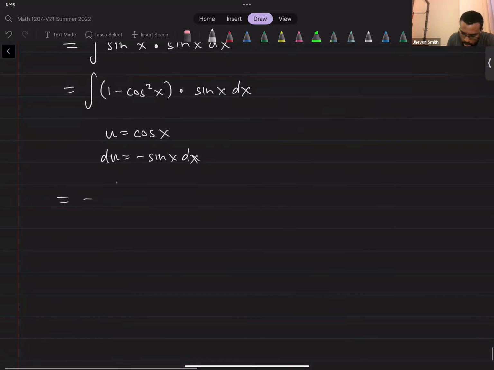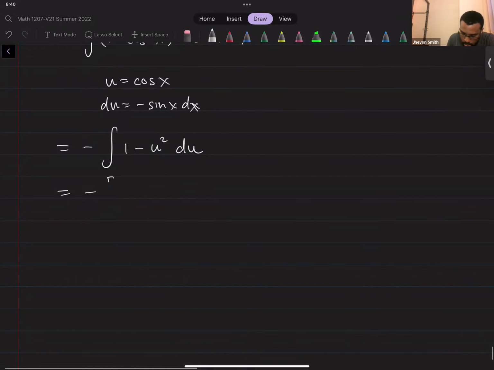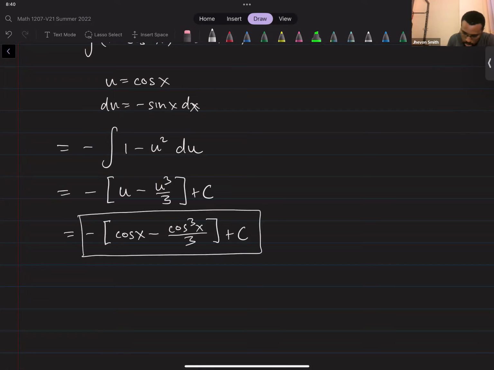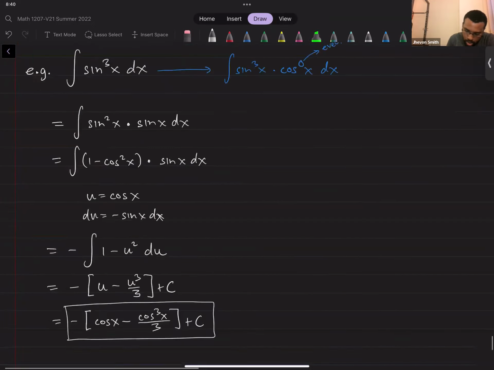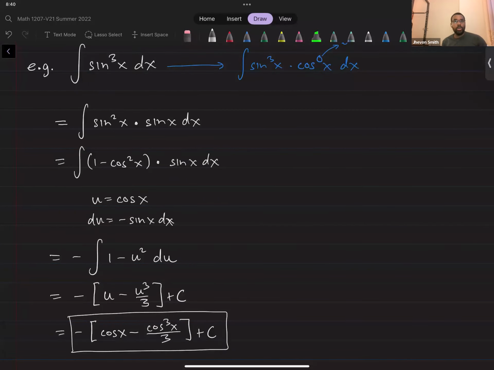And so your integral just becomes the negative of, in this case, 1 minus u squared. Then you apply the power rule. u in this case was cosine. And that's how you'd integrate sine cubed.